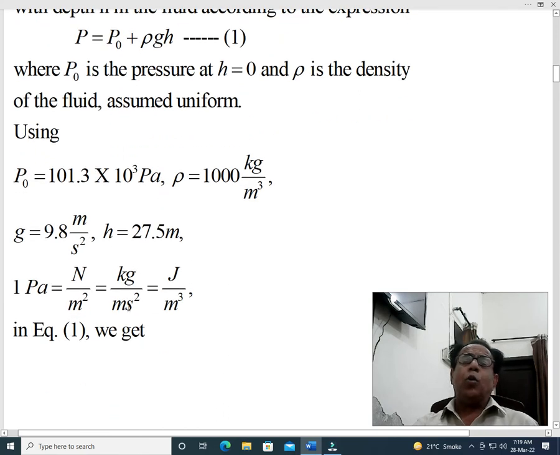Moreover, according to table of conversion factors, we know that 1 Pascal is equal to 1 Newton per meter square. This alternatively becomes equal to 1 kilogram per meter second square, and this alternatively becomes equal to 1 joule per meter cube. Here we are not concerned with this last equivalent value. We are concerned only with the first two equivalent values. So using all these values in equation number 1, we get.